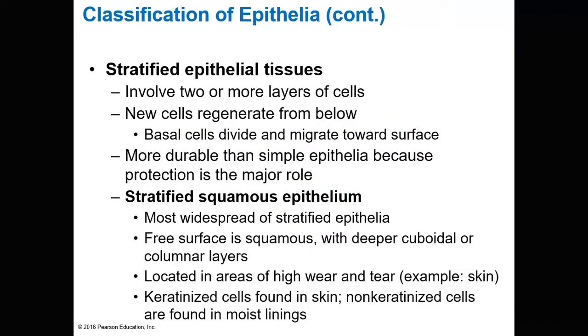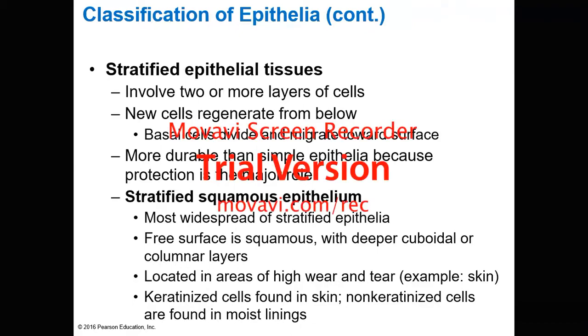If the free surface is flat, then it's squamous, okay? Located in areas of high wear and tear, for example, the skin, keratinized cells found in skin, and then you have non-keratinized cells found in moist linings.